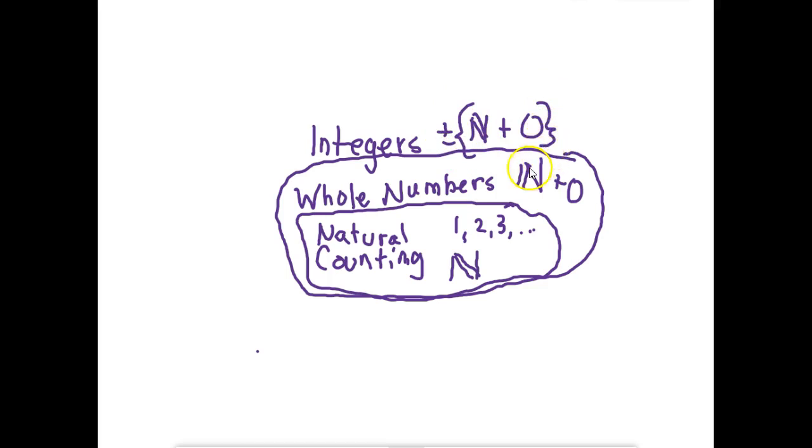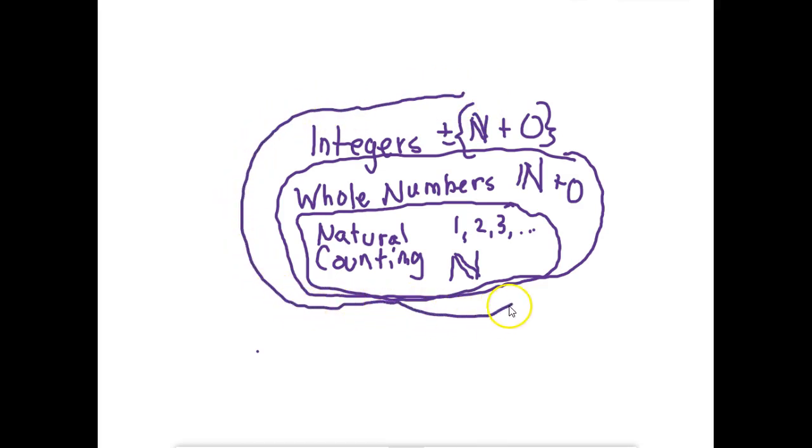So we've got all the positives, 1, 2, 3, 4, 5, and so on. And then we've got all of the negatives, negative 1, negative 2, negative 3, negative 4, negative 5. And then we have the 0. And so hopefully this is making sense. If not, obviously get in touch with me and we'll figure out how to explain it in a way that makes more sense to you.